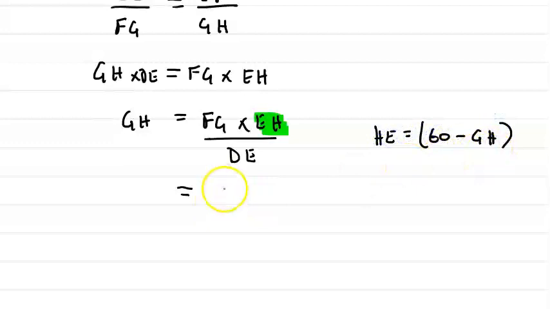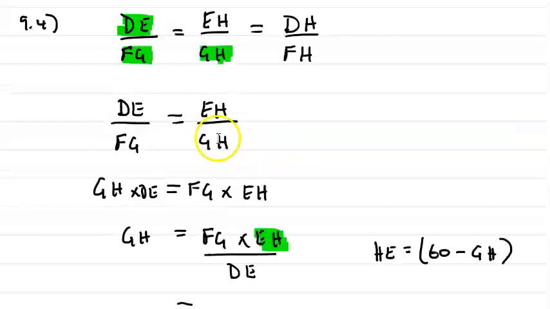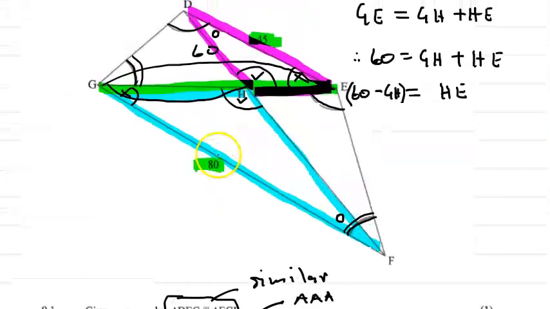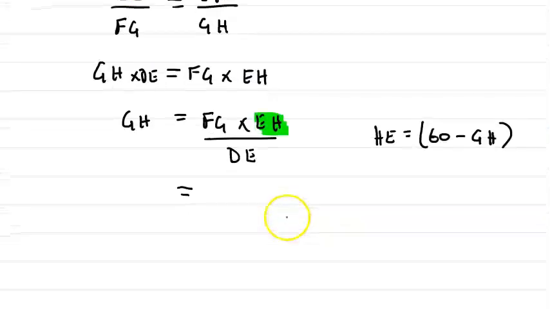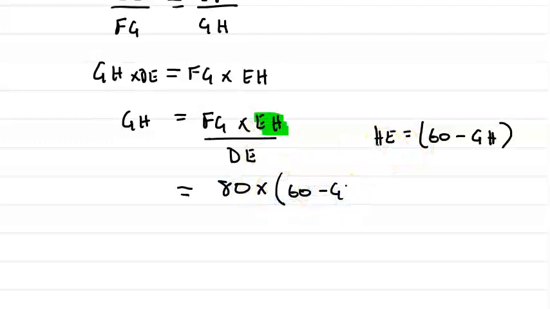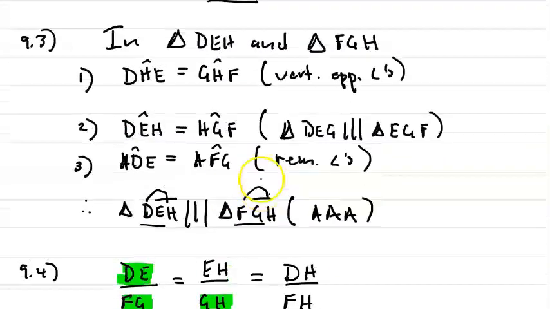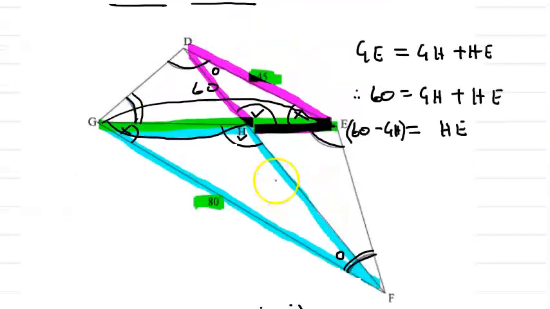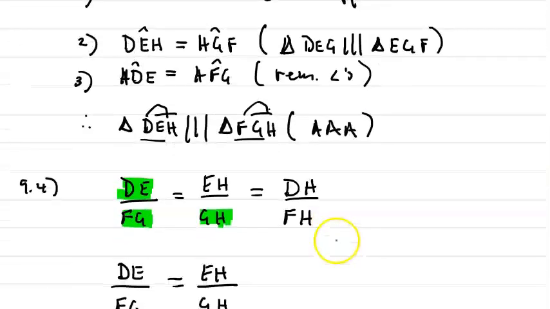Let's substitute. So we've got FG. What does FG equal? FG is equal to 80. 80 times, let's substitute, HE is 60 minus GH, all over DE. DE is equal to 45.